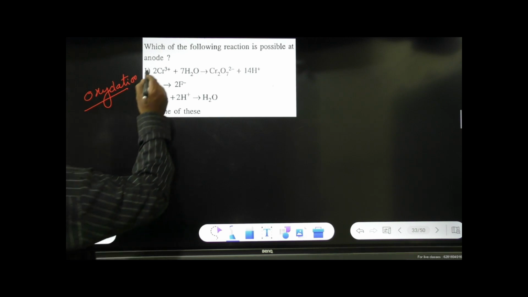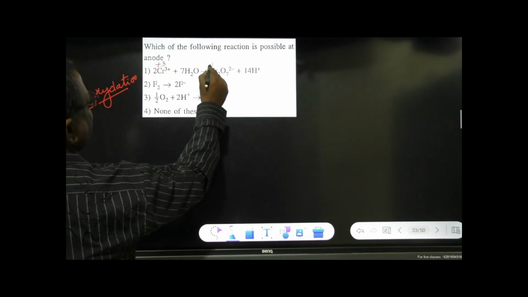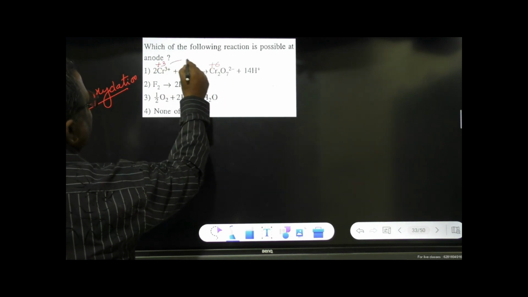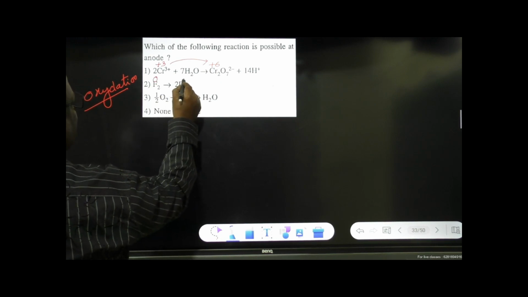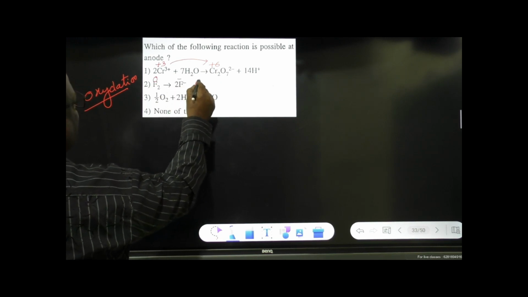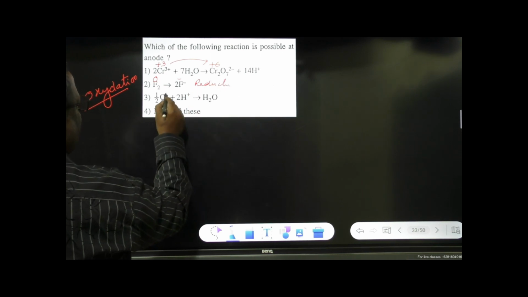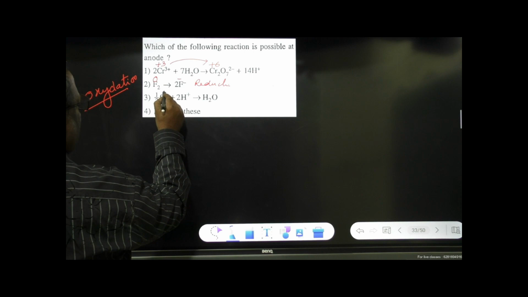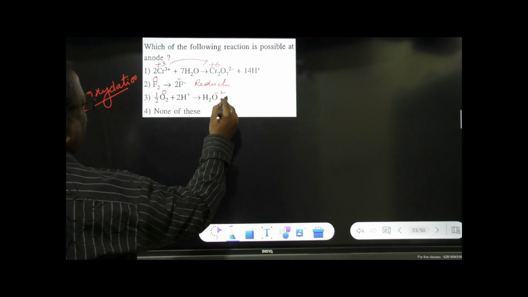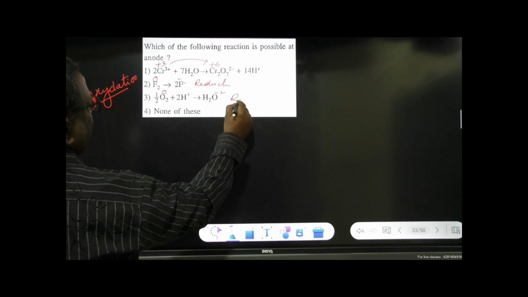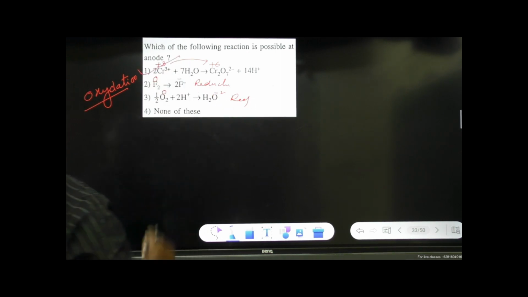Here it is plus 3 oxidation state, here plus 6 oxidation state, so this is oxidation. F2 is 0 oxidation state, here it is minus 1 oxidation state, this is reduction. Here also 0 oxidation state, here it is minus 2 oxidation state, so this is reduction. None of these. So the first option is correct.